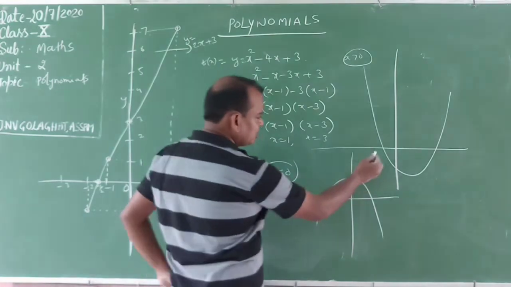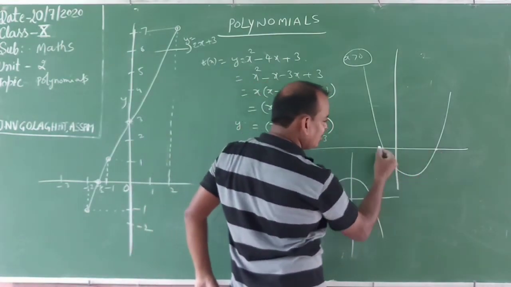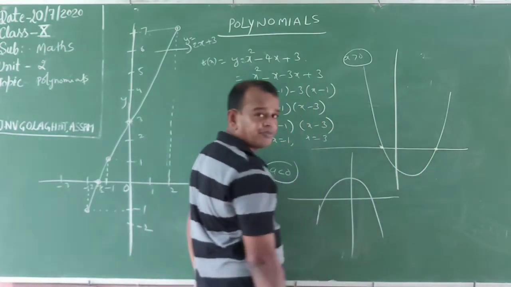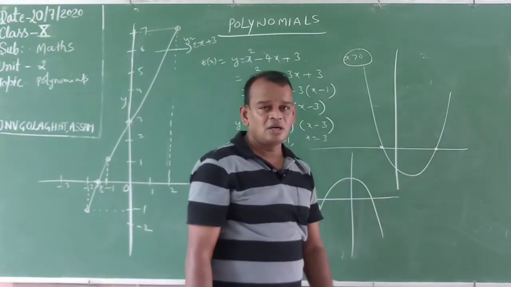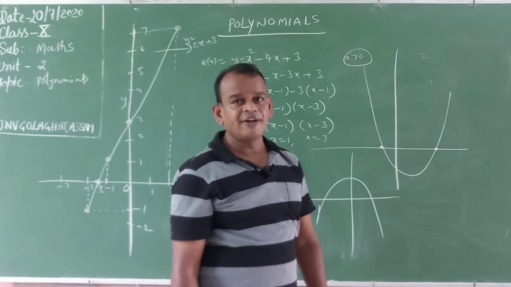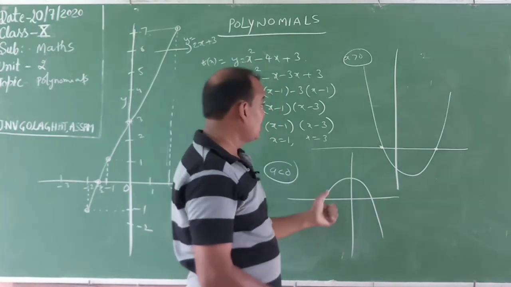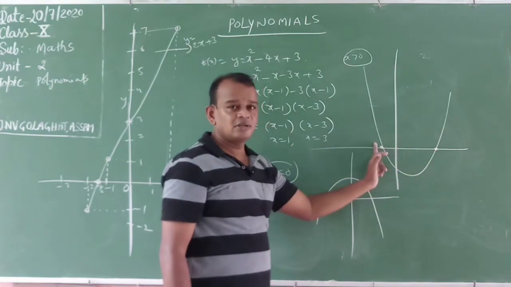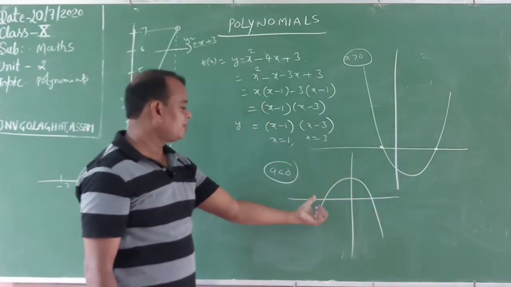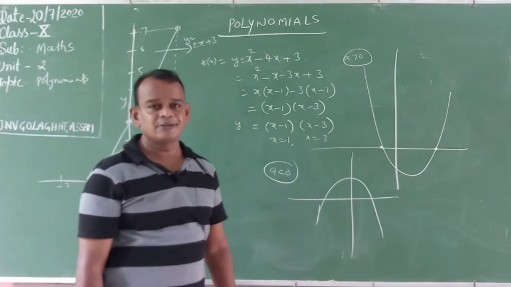This one, observe that it intersects the x-axis at how many points? It has 2 roots, so 100% it intersects at 2 points. Either upward or downward, no problem at all, but it intersects at 2 points. Whenever they have 2 roots, 100% they intersect at 2 points.